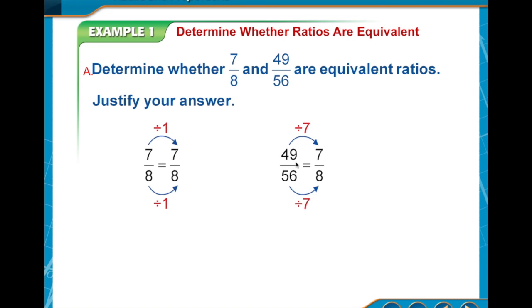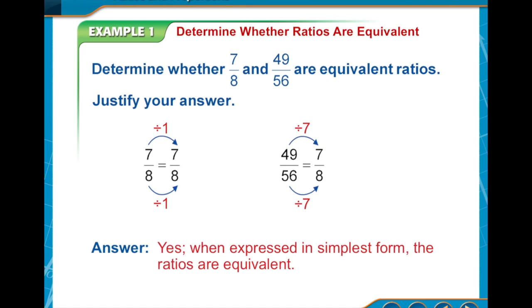And we just said that these two things are equal. This is just times 7 to the top and the bottom. So 49 over 56 is the same as 7 over 8. So are they equivalent ratios? Absolutely. So to answer the question, yes, they are equivalent ratios.